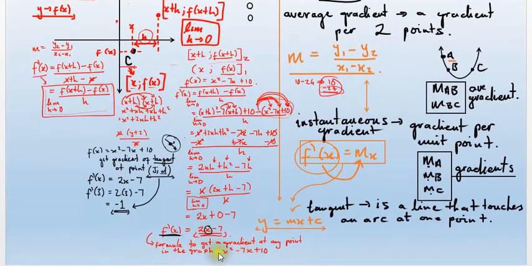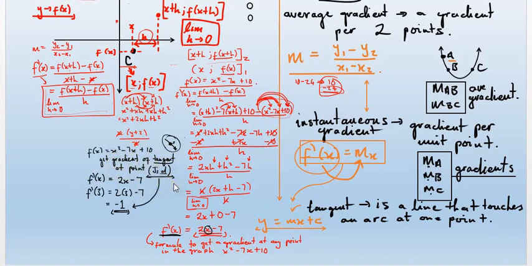We end up with the answer wherein we have the first derivative formula derived. And if you have the first derivative formula, you know that this is what you use to get the gradient at any point. You just have to know the x of that point. That's what we did right there when we wanted the gradient of the tangent at point 3.